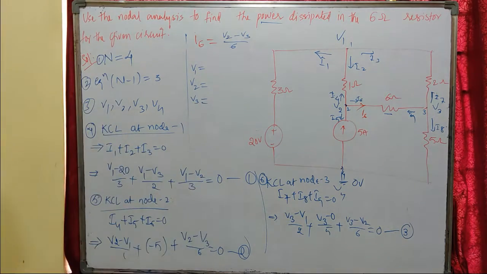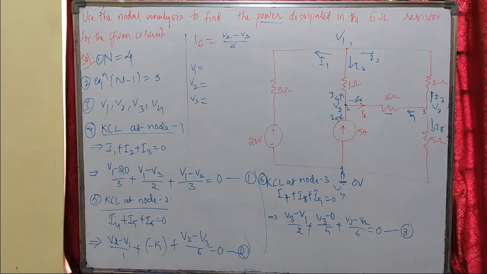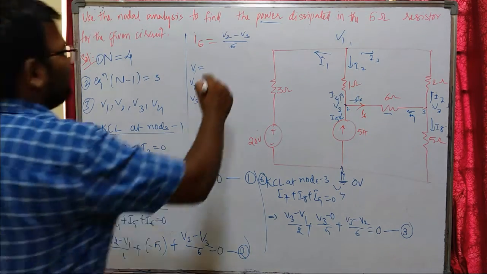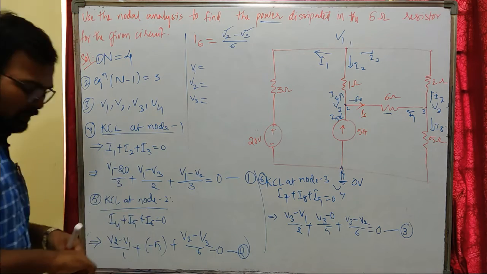By solving these equations, you get V1, V2, V3. You need to find V2 and V3 only.